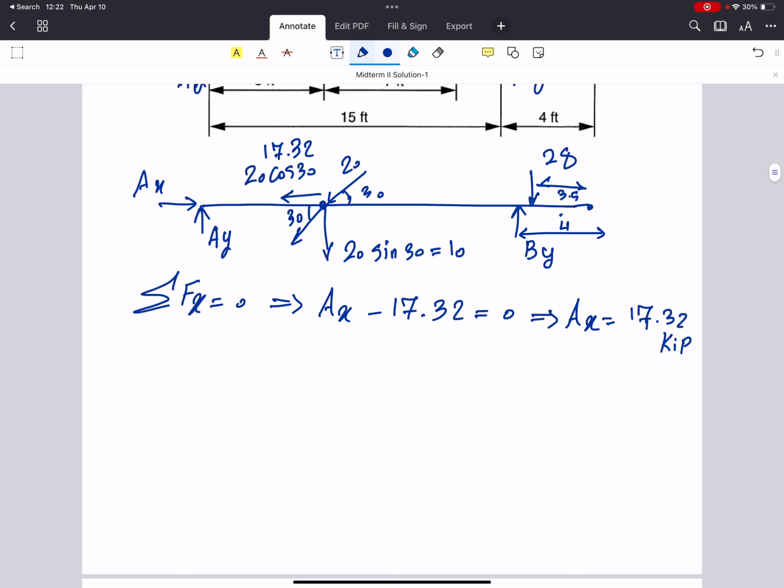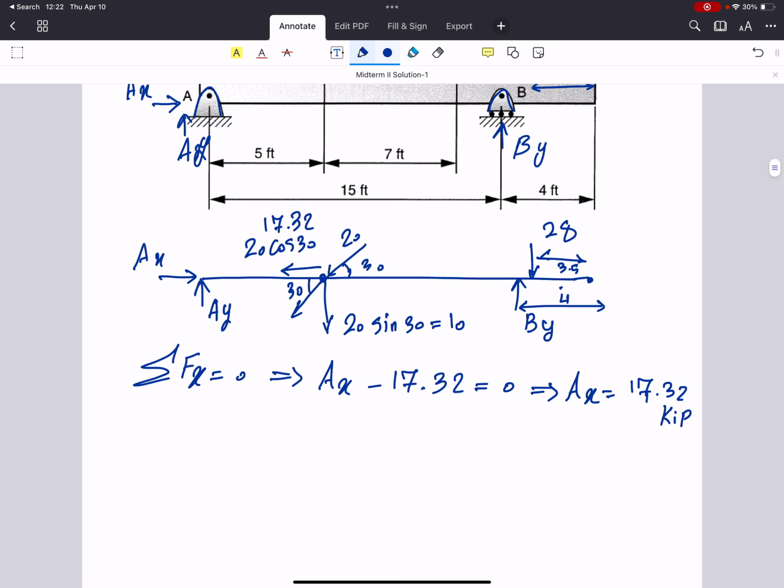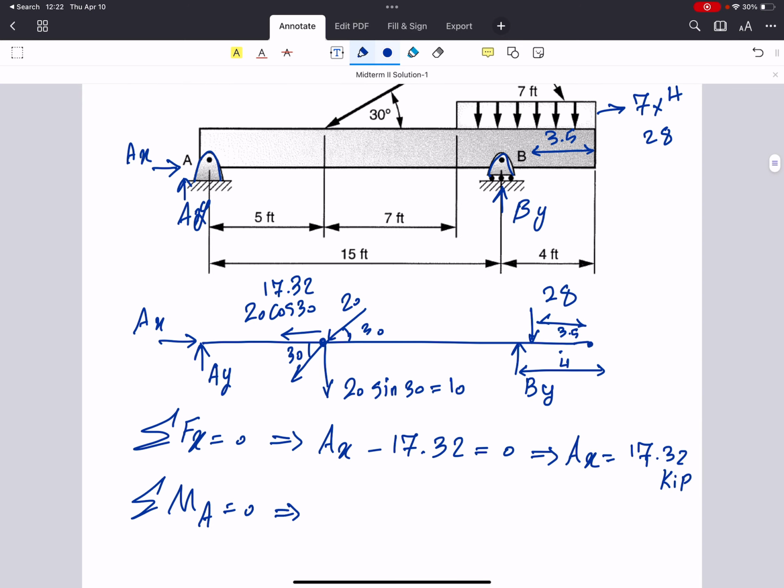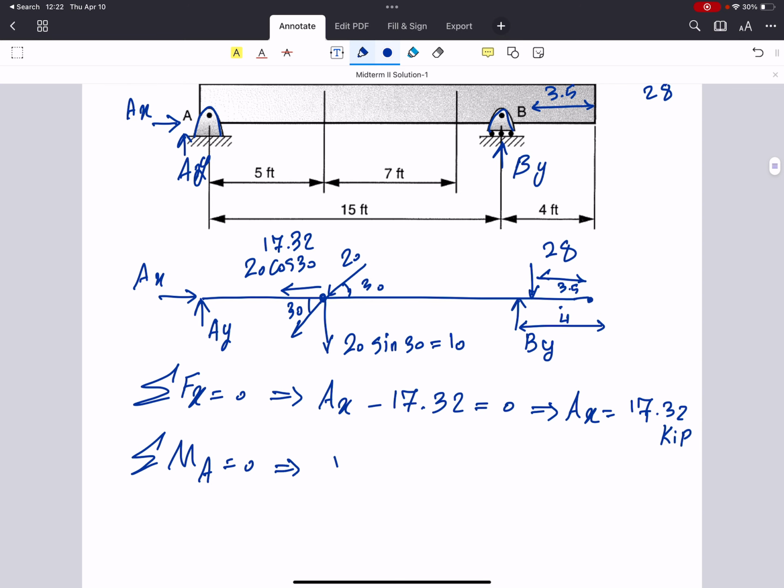The next one, we have two unknowns in the y direction, AY and BY, correct? If I use summation of forces in the y direction, I will have two unknowns. How about this one? If I use moments with respect to A, equals 0, then I will have my 10 force, negative moment, times distance 5.